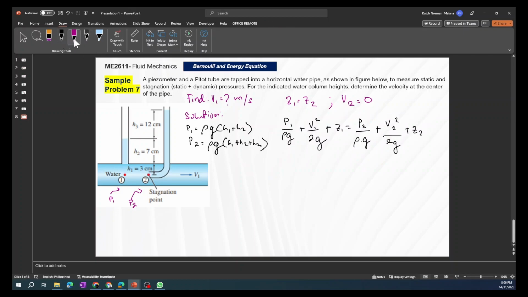Z1 and Z2 cancel since they're at the same elevation. Yeah, that's pretty much it. And then we can now rewrite the equation something like this.